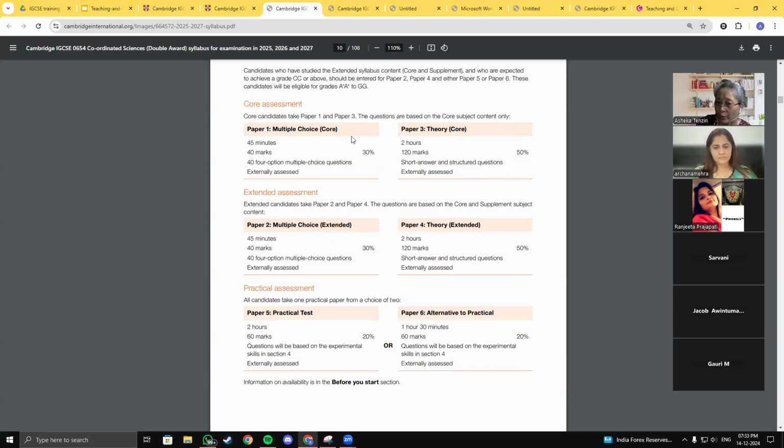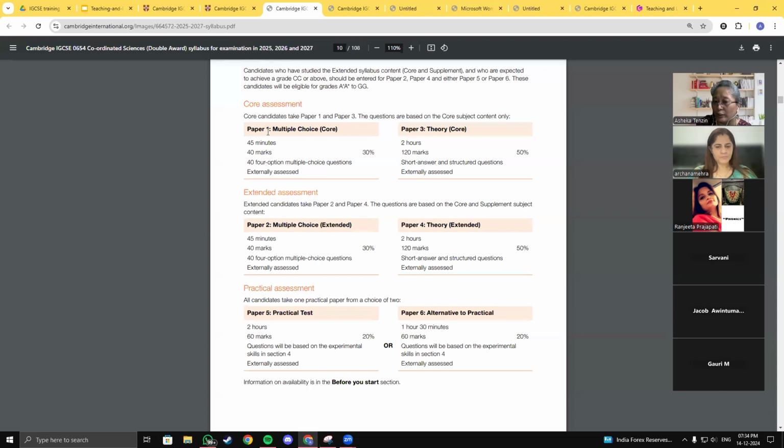Those students who are below average, who may not score an A or a B or a C, and are most likely to score a D or an E if they do an extended paper, are recommended to do the core paper exam.